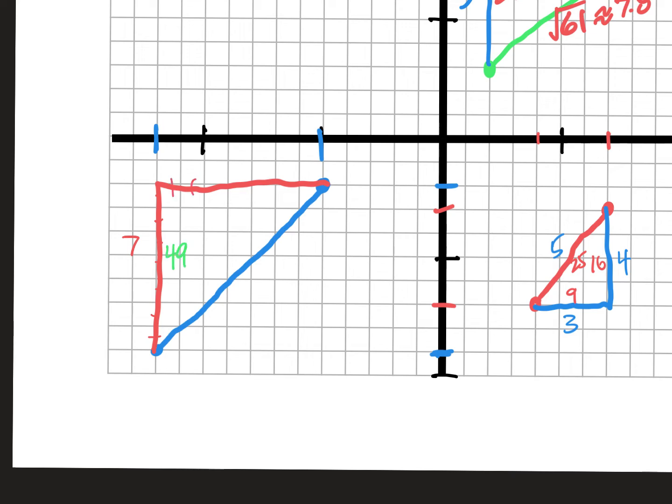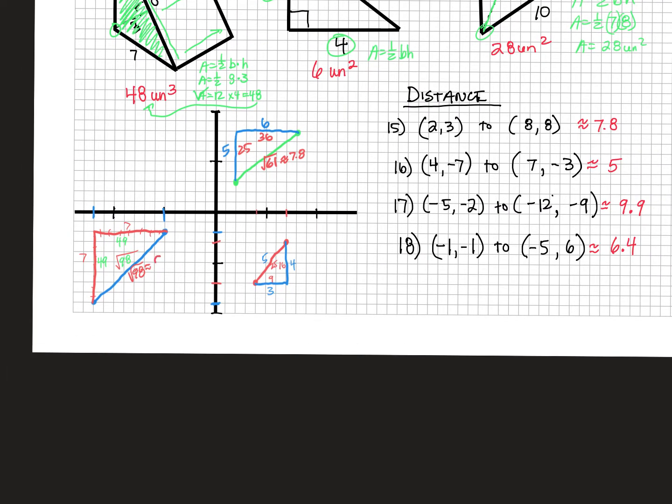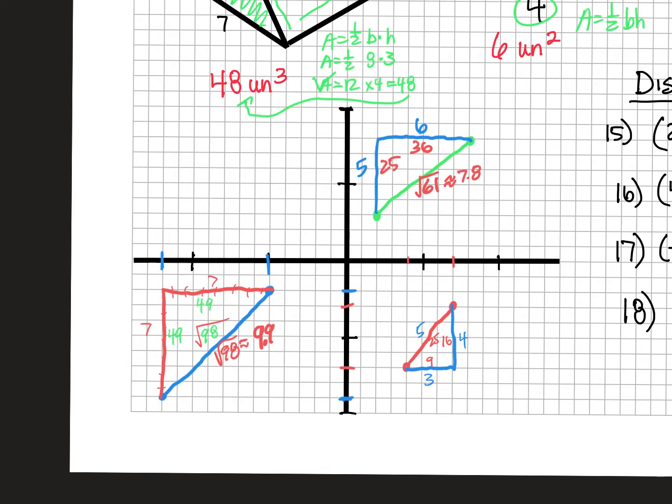And 1, 2, 3, 4, 5, 6, 7 becomes 49. Together, that's 98. When I take the square root of 98, it gives me approximately, what did I say, 9.9. Yeah, it's like 9.9. Okay, really close to 100. It was actually 9.89, so it was right in between 9.8 and 9.9.